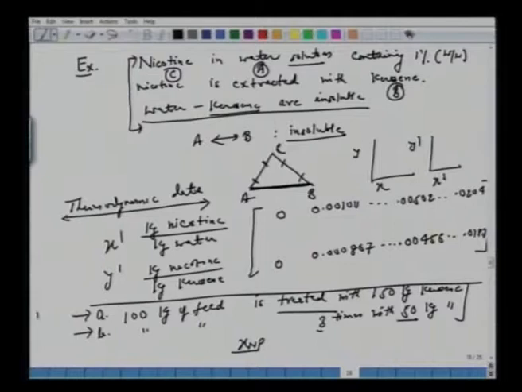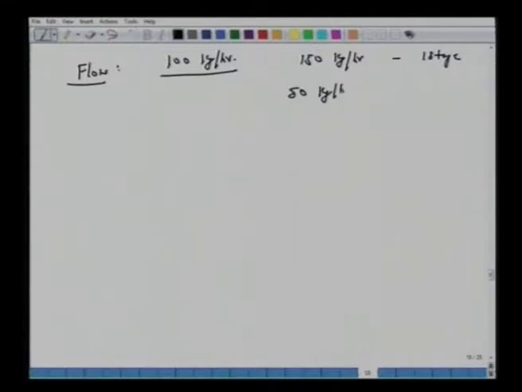Now mind you, this is a batch problem, but in the previous lecture we also said that there is no difference between this problem and if we have the flow problem, where we say that we bring 100 kg per hour or per unit time in contact with 150 kg per hour in one stage, or we bring 50 kg per hour in three stages.